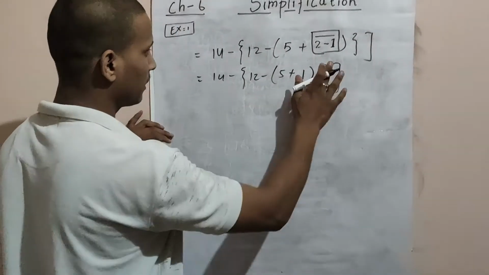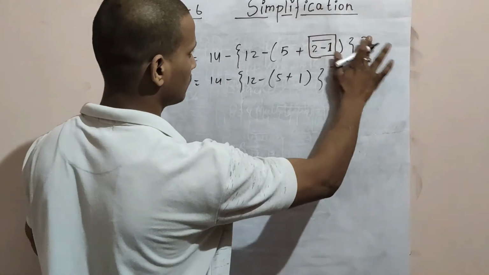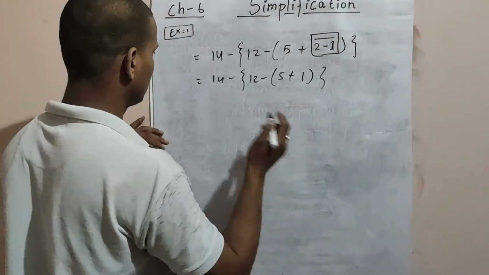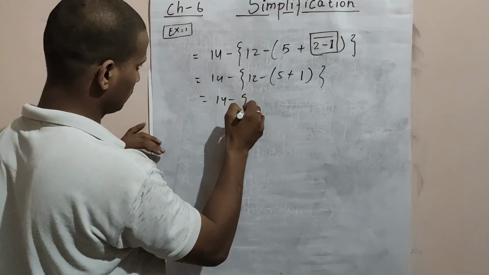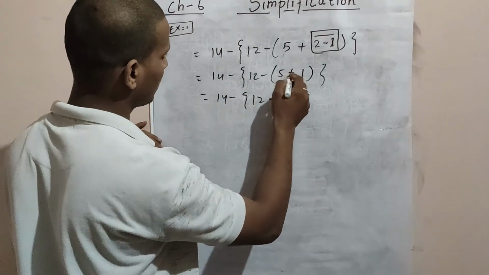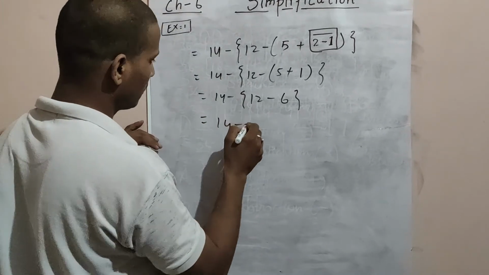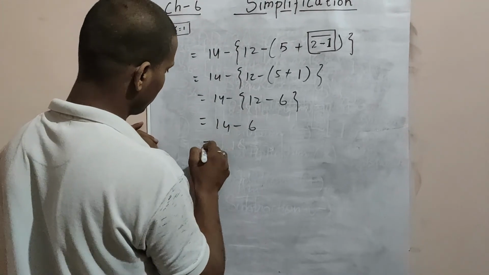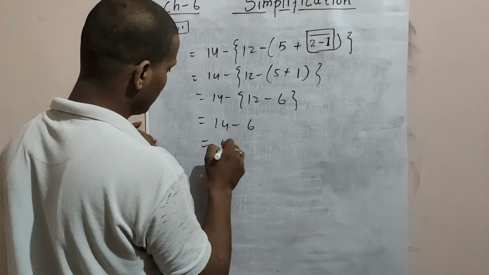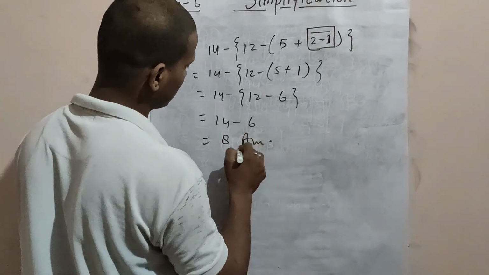Now we need to solve the parenthesis. Parenthesis means 5 plus 1, 6. Now we need to solve the curly braces. 12 minus 6 is 6, and 14 minus 6 is 8, which is our answer.